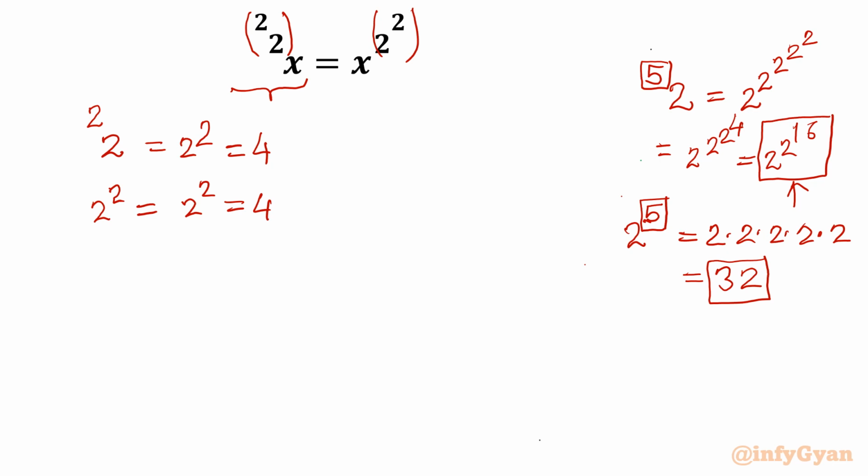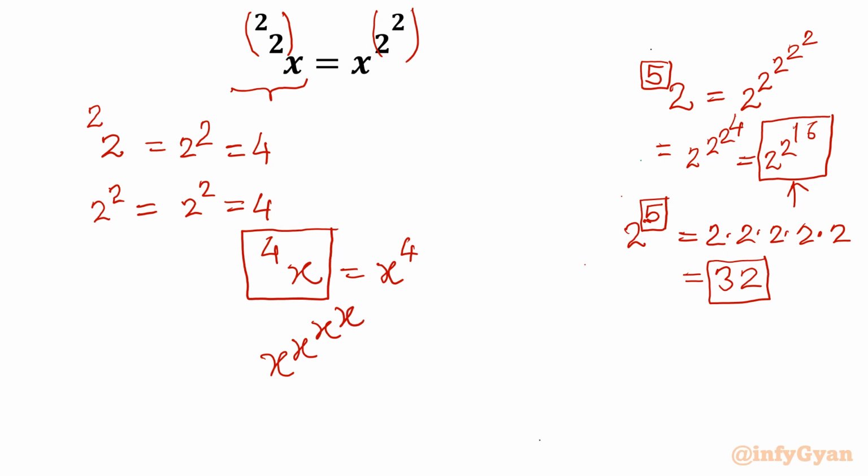So now the left hand side is x super power 4, equal to x power 4. Now we know what it means if the left hand side is x super power 4. Its meaning is x power x power x power x, the number of superpower times, equal to x power 4.